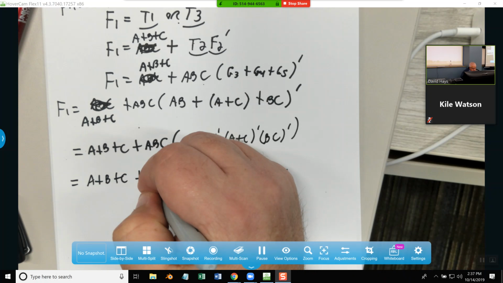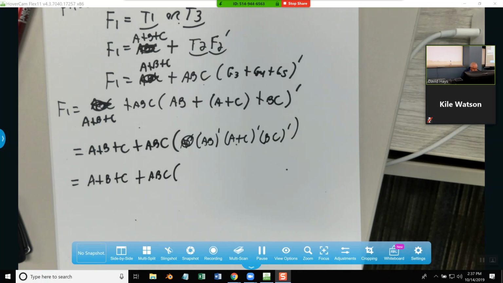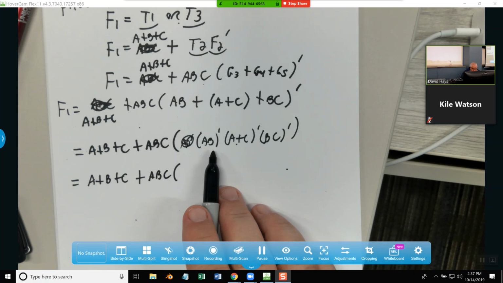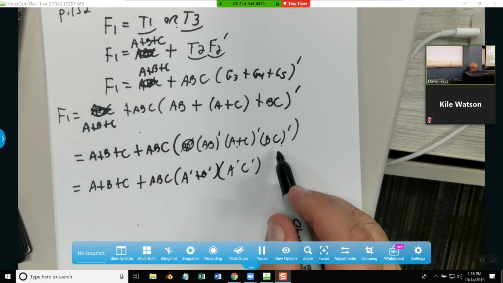Unfortunately, in the book, I don't see where they... well, they skip a lot of steps, but we'll multiply it all through.